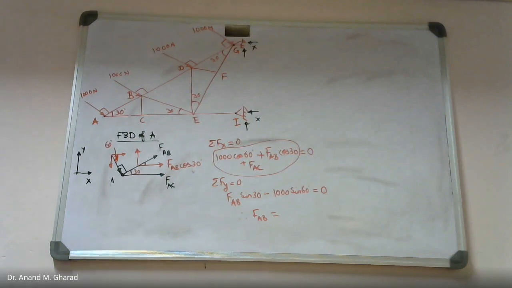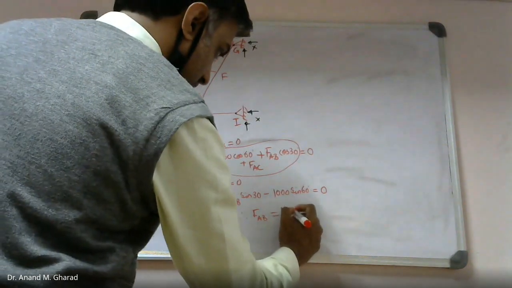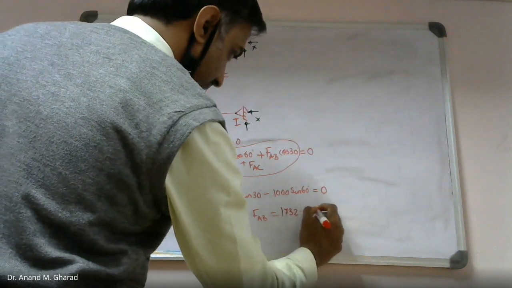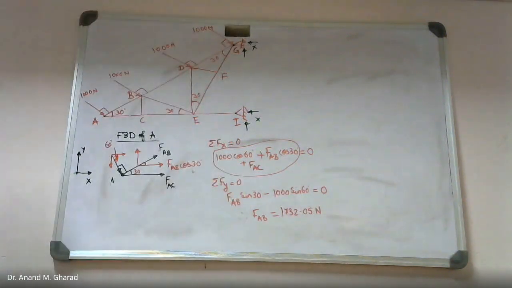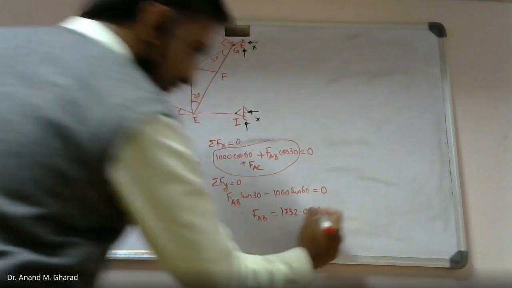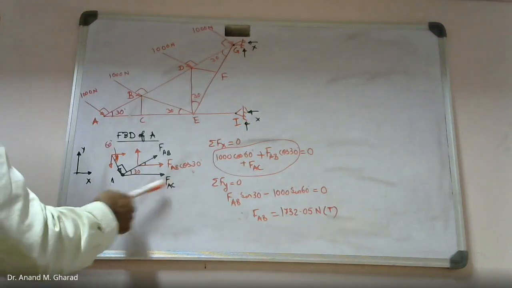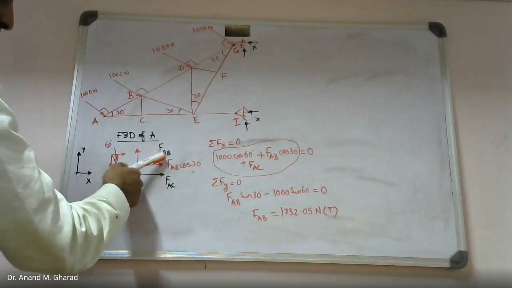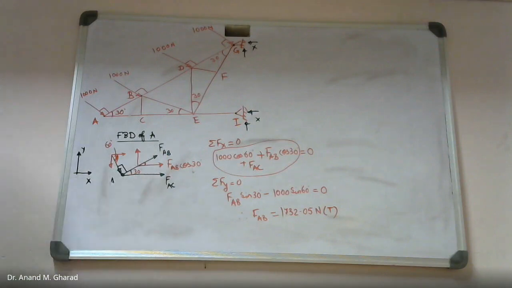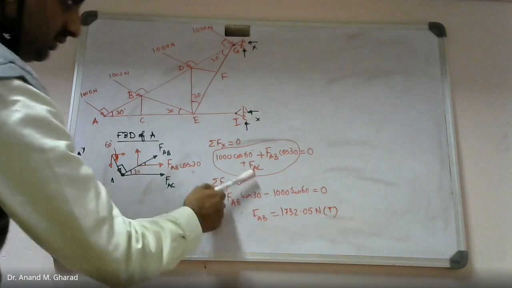Okay, 1732.05 Newton. This is tension force because it came out to be positive. That means whatever assumption for force in member AB we have done, that is fine. Similarly, you please calculate FAC.